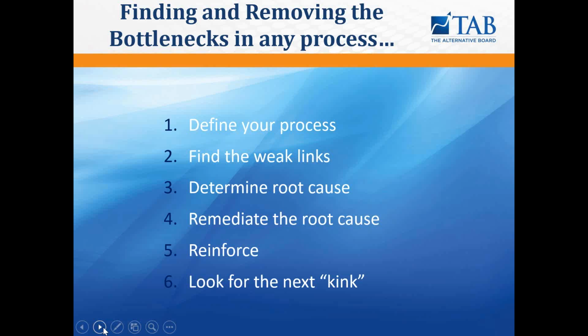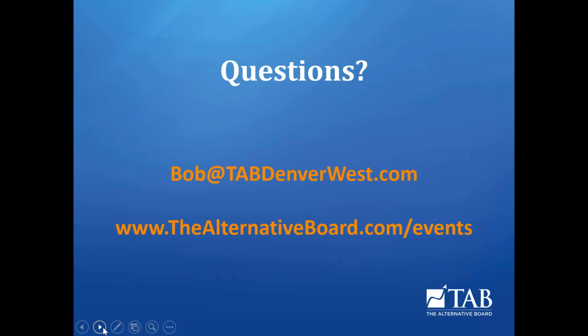And then guess what? We look for the next kink because there are going to be others. And that's the beauty of this: as you eliminate one bottleneck, you move on to the next, and eventually you've got a pretty strong, smooth, streamlined process. So Stacy, that's basically the process that I want to talk about today, and I'm open for some questions.